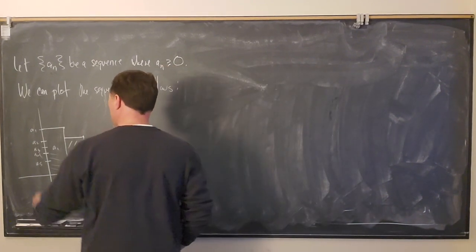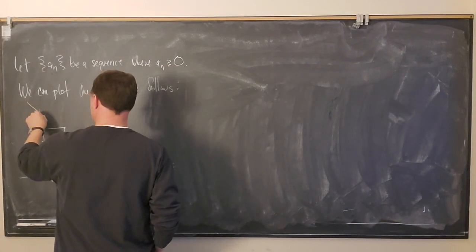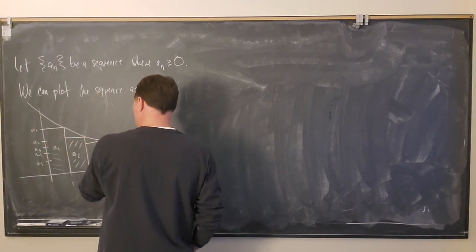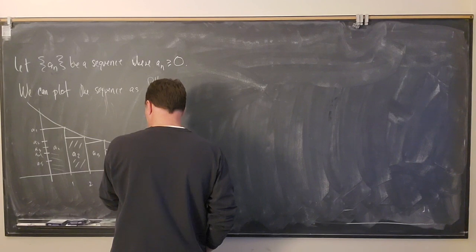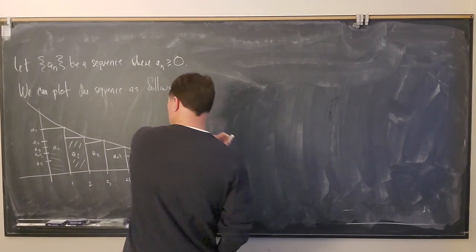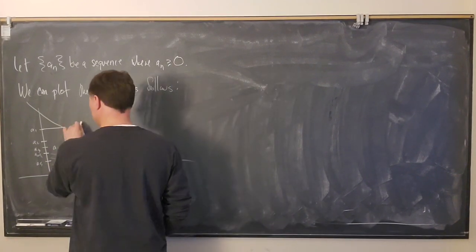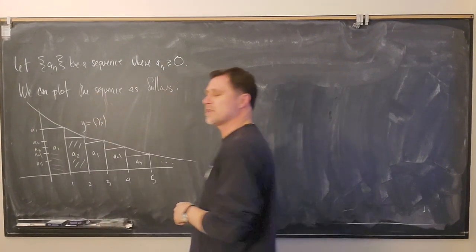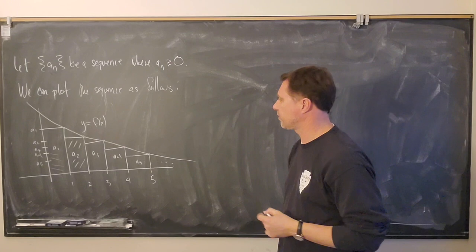All right, so now what I want to do is draw a graph that passes through the corners of each of those rectangles. Let's call this the associated function, y equals f of x. It's the graph of the associated function.